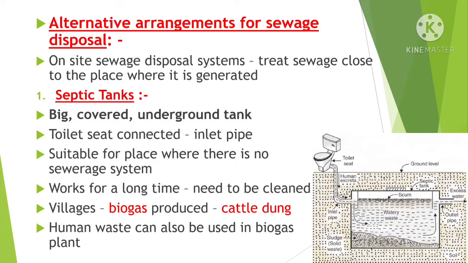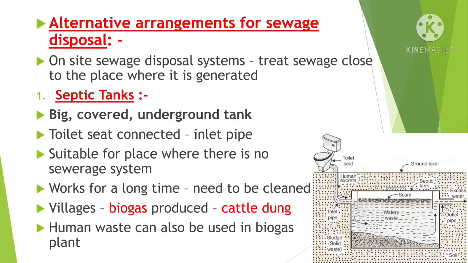Now there are many types of on-site sewage disposal systems for human waste. The first is septic tanks. The second is composting pits. The third is chemical toilets. These are the arrangements for the hygienic disposal of human waste or human excreta.